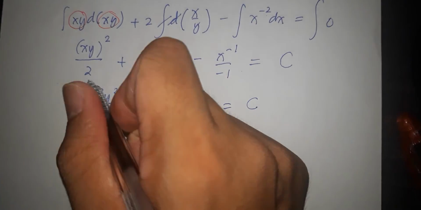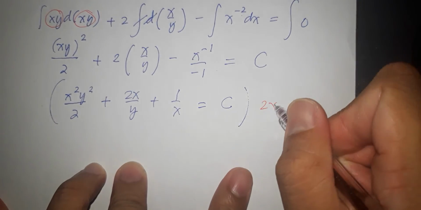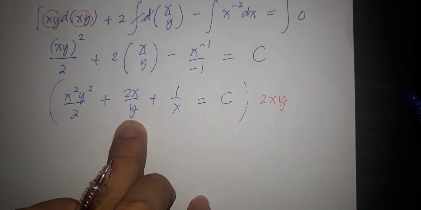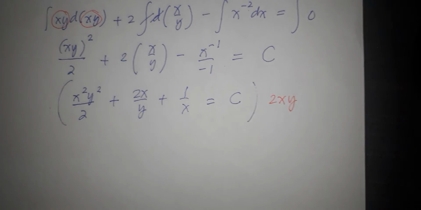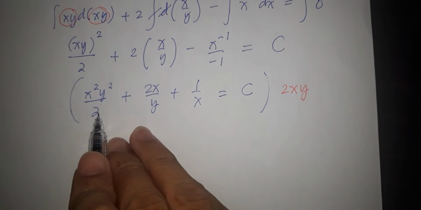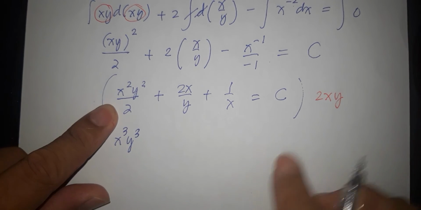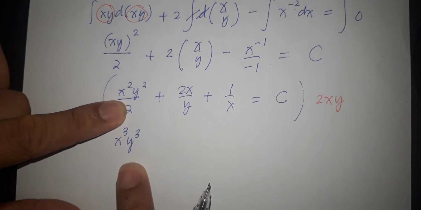To simplify this, para matanggal lahat ng ating denominator, I need to multiply this all by 2xy. And that 2 cancels out, that y cancels out, that x cancels out kapag minultiply natin siya dito. Multiply natin ito by our first term. That gives you x cubed y cubed, because 2 cancels out, xy times x squared y squared is x cubed y cubed.